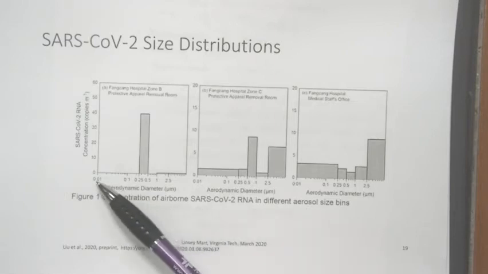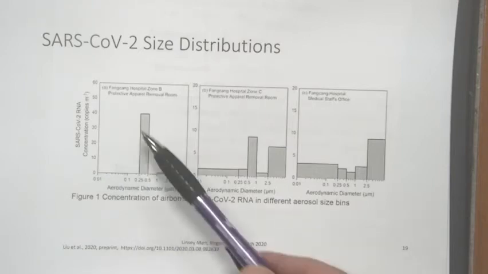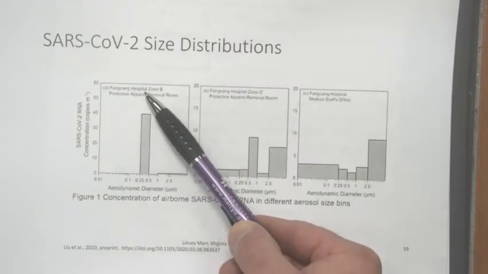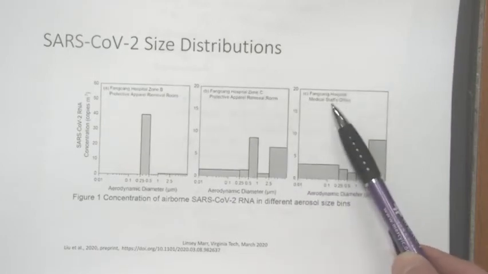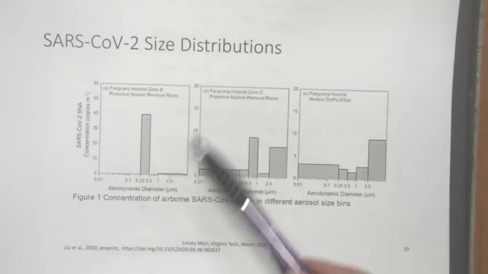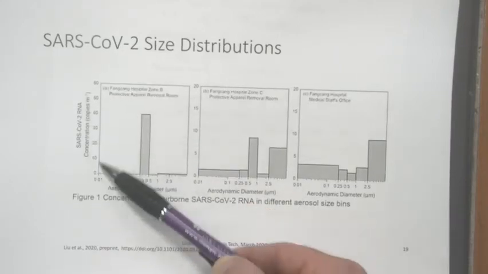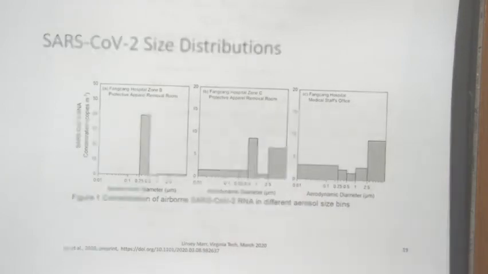Breaking this down, we've got 3 different places: a hospital zone B, hospital zone C, and a medical staff office. Different y-axes. It's a linear y-axis, but this one goes to 60, this one goes to 20, this one goes to 20.